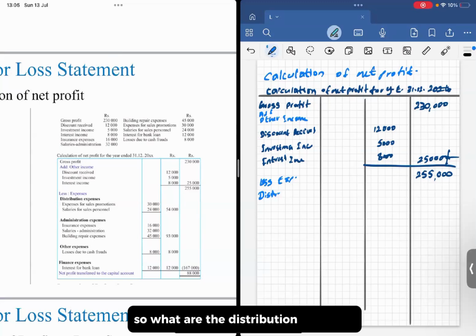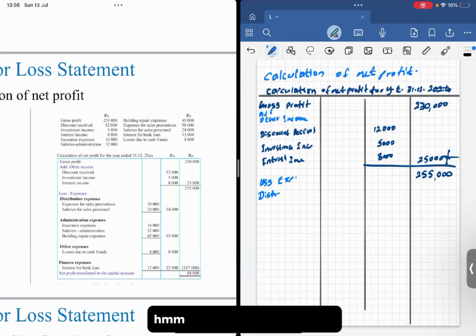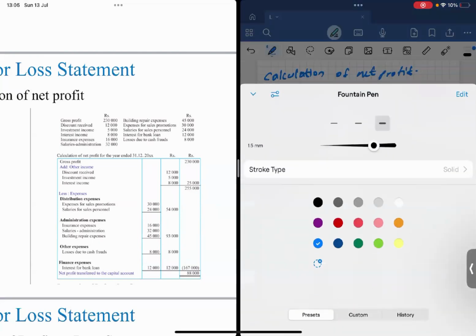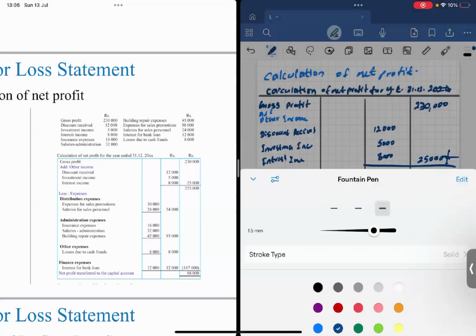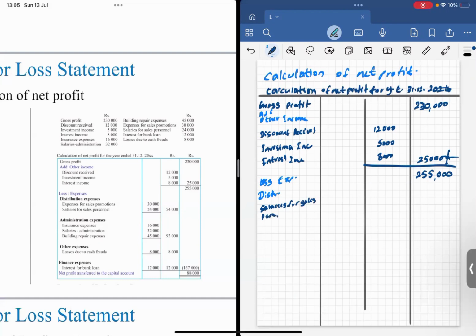So what are the distribution expenses? Salaries for salesperson, which is 24,000.